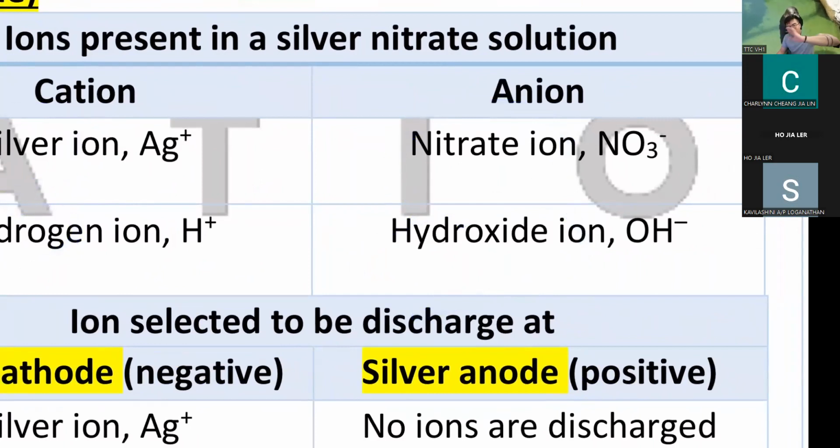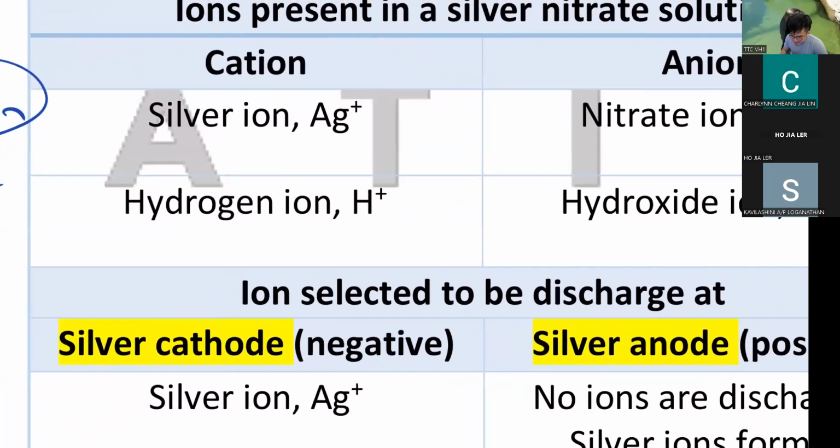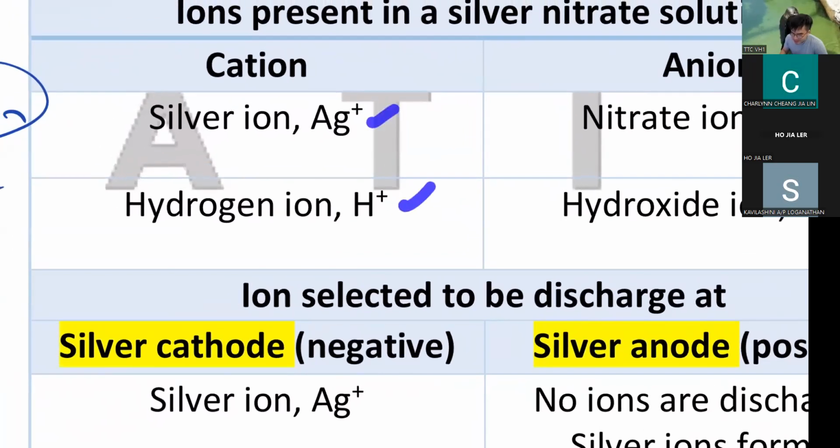Okay, if we do this the situation 1 way, the most original we learn, we just choose the ugliest guy. Guys, who is uglier here? Silver or hydrogen?